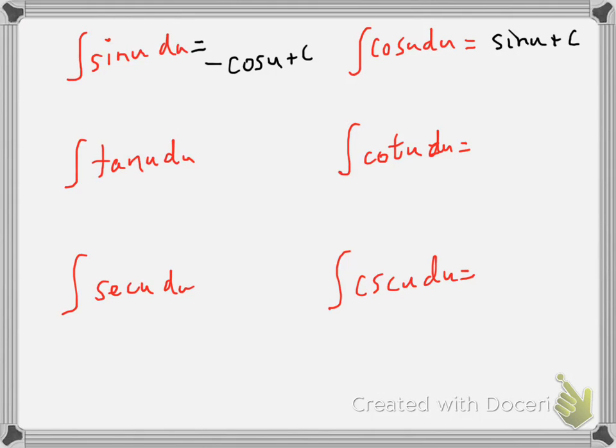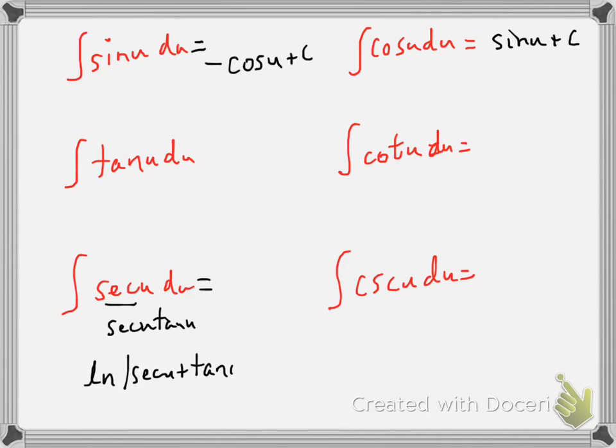Some new ones, let's skip down to the bottom here. Secant of u. There's a proof in the book if you want to see how to do it. The way you can remember this, these all have natural logs. The derivative of secant is secant tangent. The integral, though, is natural log of secant u plus tangent u.